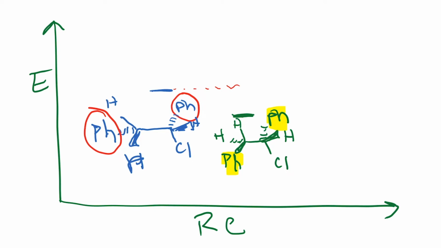Now what we know from various experiments and theoretical calculations is that the barrier to conversion is actually not very large. People have estimated this to be somewhere between 10 to 15 kilojoules per mole, which is easily accessible at room temperature. Even if you go to a slightly lower temperature, you might slow this down, but it is still going to happen very rapidly.